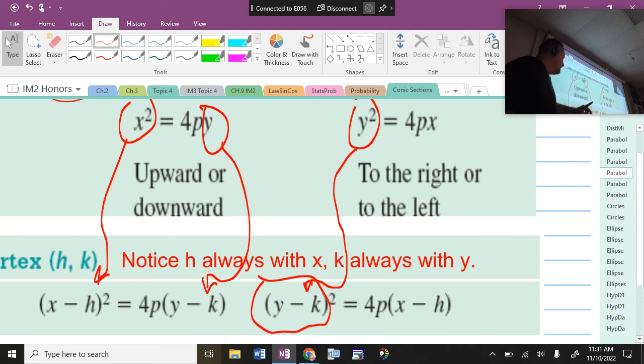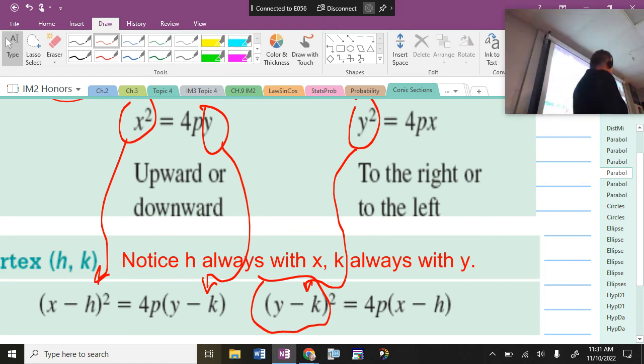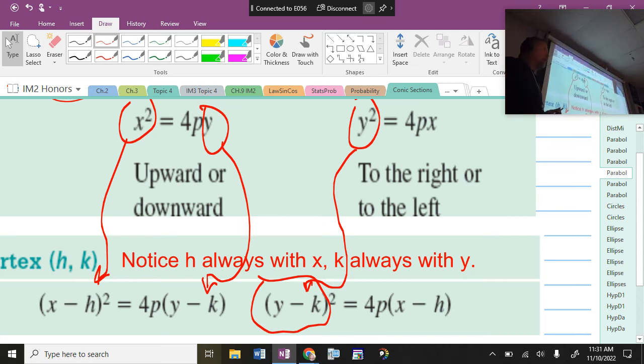But then notice when we have a y squared, y is with y, x is with x. So this is the y coordinate of the vertex, and that's the x coordinate. And then notice, what are the signs? They're all minuses.